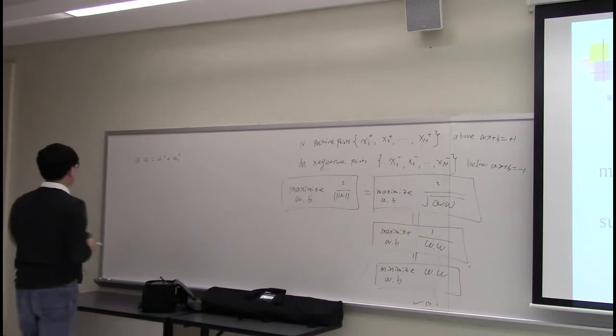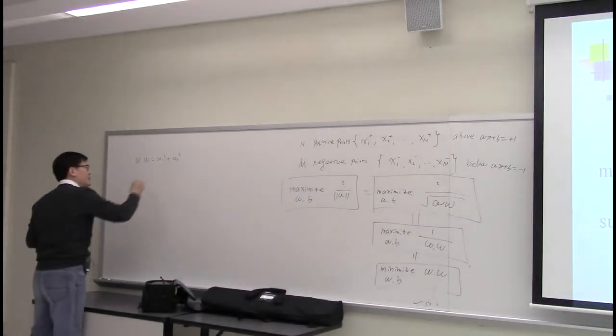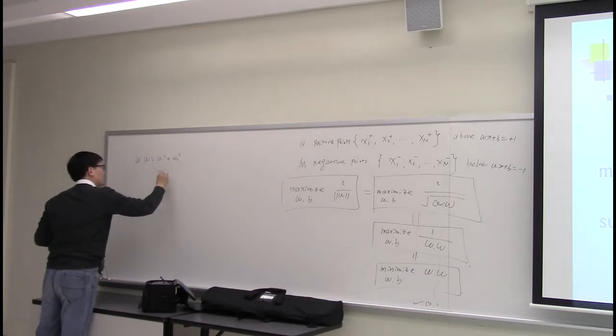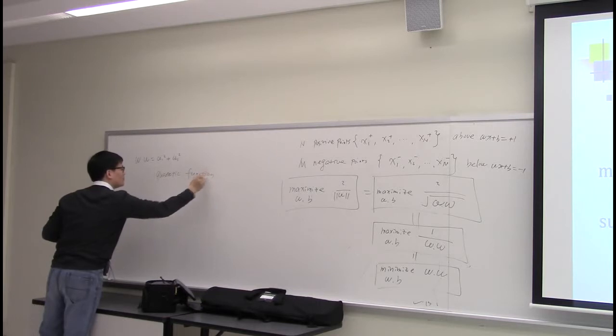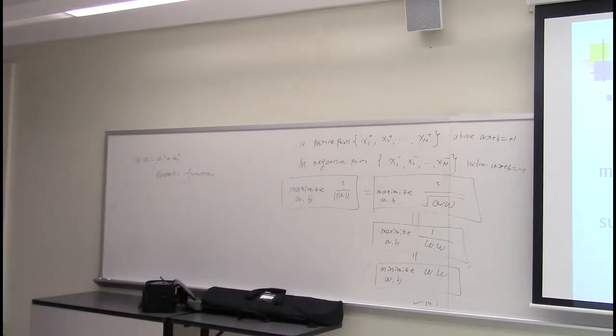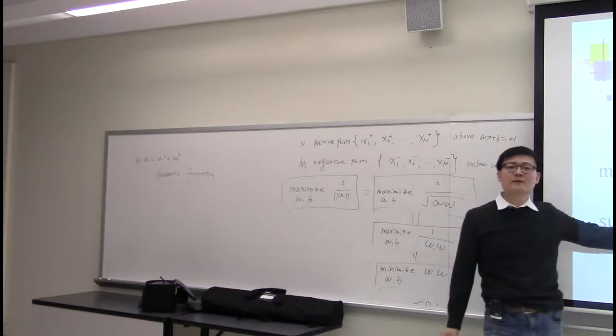And because W dot W is W1 square plus W2 square, this is a quadratic function. So basically, the objective function you want to optimize is a quadratic function. And the constraints are linear. Okay?